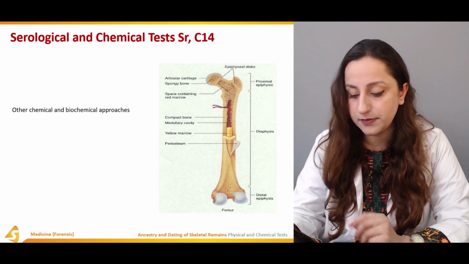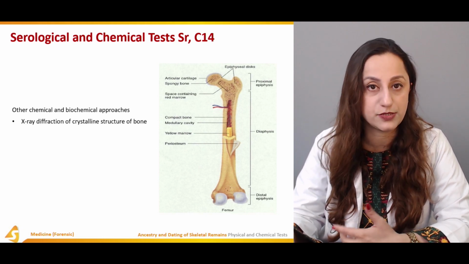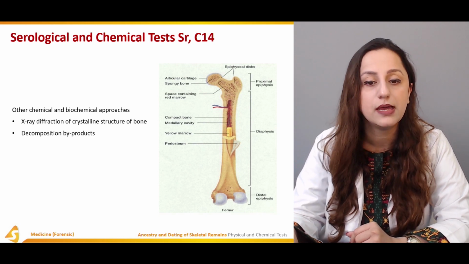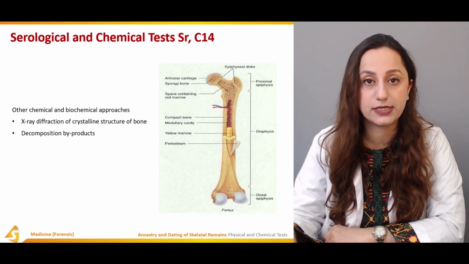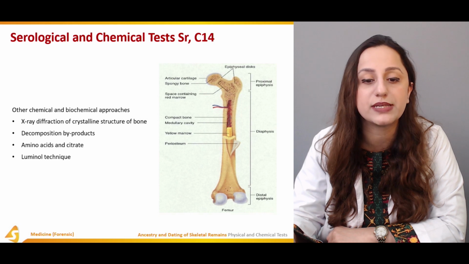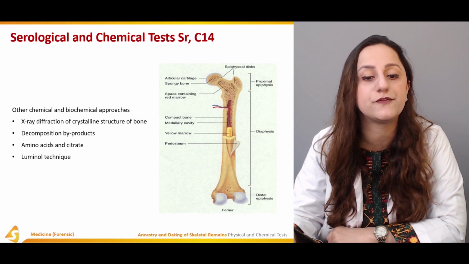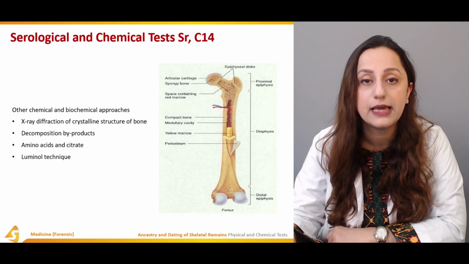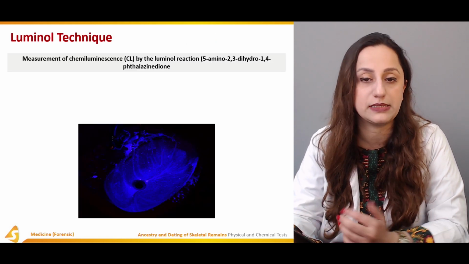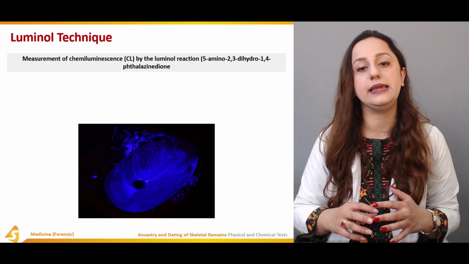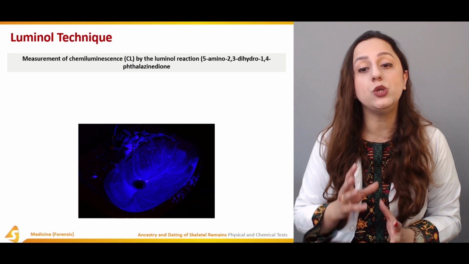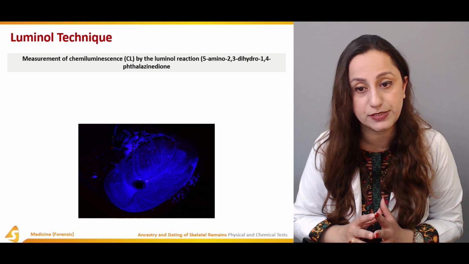Now, the other biochemical and chemical tests that are performed are the X-ray diffraction of the crystalline structure of the bones, the decomposition byproducts found after the chemical test, the amino acids and the citrates as well, and then finally we have the luminol technique, which is basically a serological test. The presence of blood in the bones is indicated by this method. The luminol technique measures the chemiluminescence of the luminol reaction.